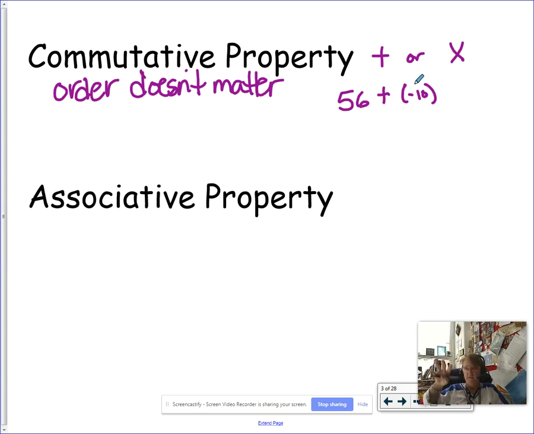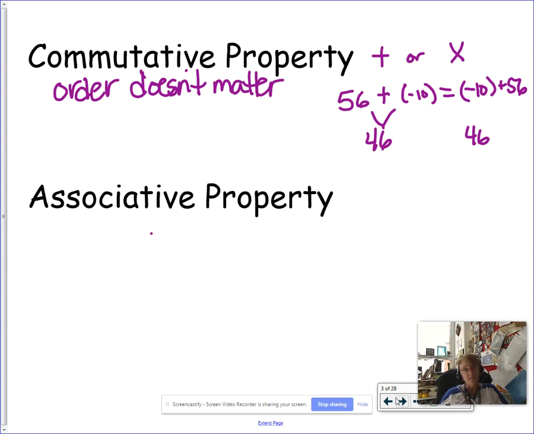Or I have like 56 positive counters and 10 negative ones. I make a bunch of zero pairs. I get 46, okay, when I add those. If I had said, what's negative 10 plus 56? You'd still get 46. You get the same exact answer. It doesn't matter what order you add. The same is true with multiplication, okay?